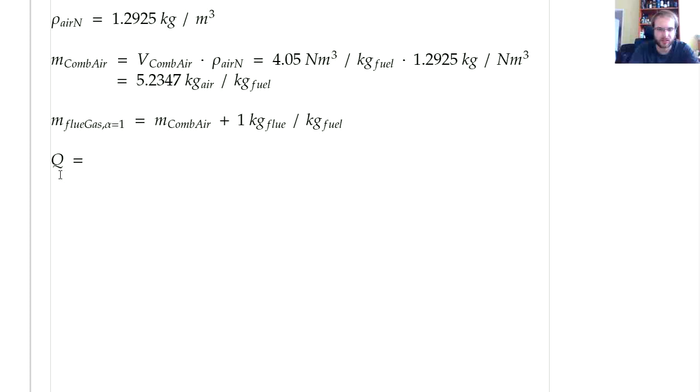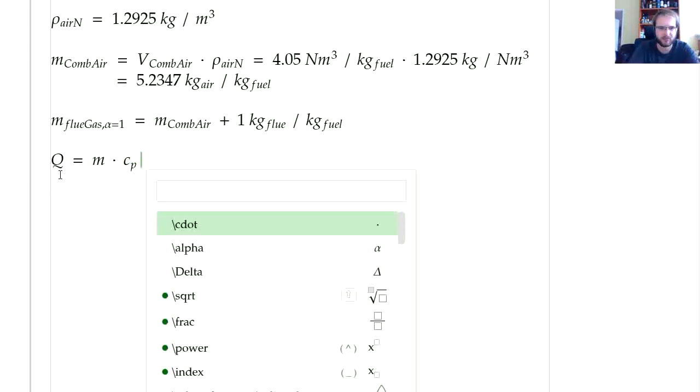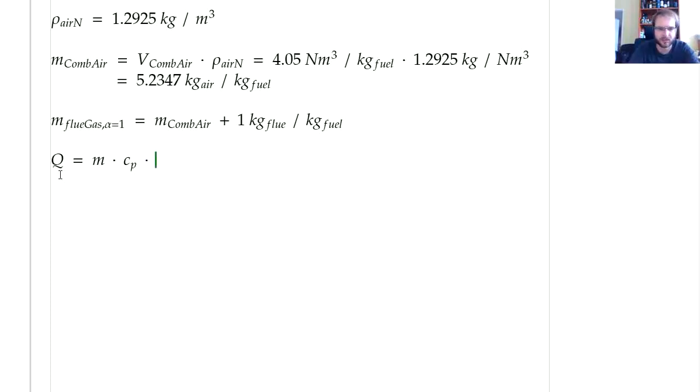So Q as heat equals some mass multiplied by some specific heat capacity multiplied by difference in temperature, so delta T. Now, in our specific case, Q of the flue gas when alpha equals 1 is the mass flow rate of the flue gas at alpha equals 1 multiplied by the Cp and multiplied by the difference between the flue gas temperature minus the ambient temperature.